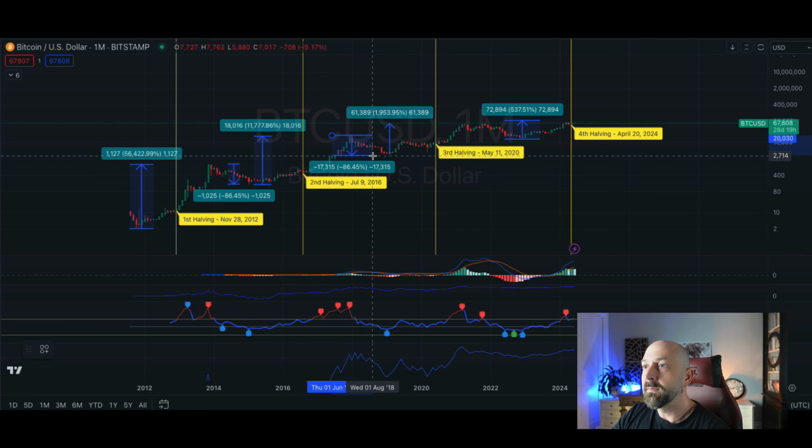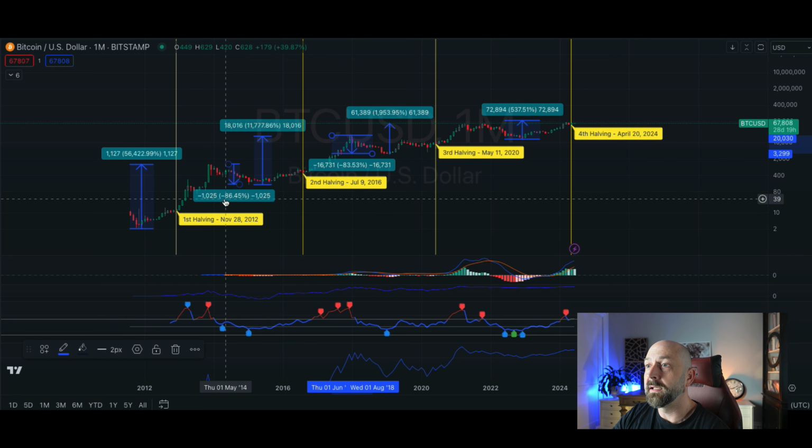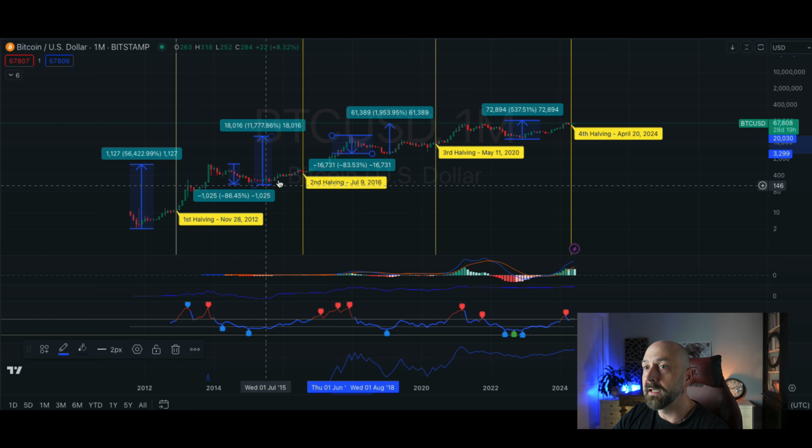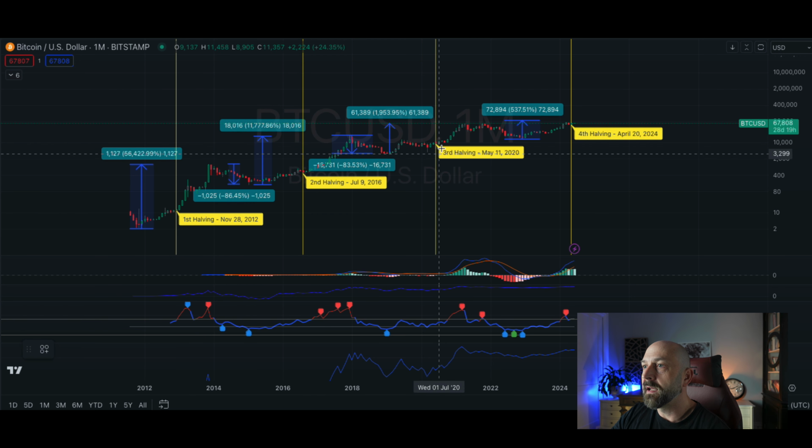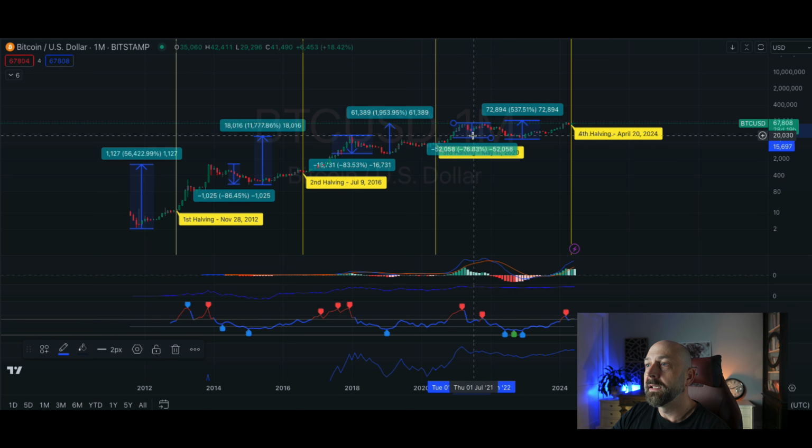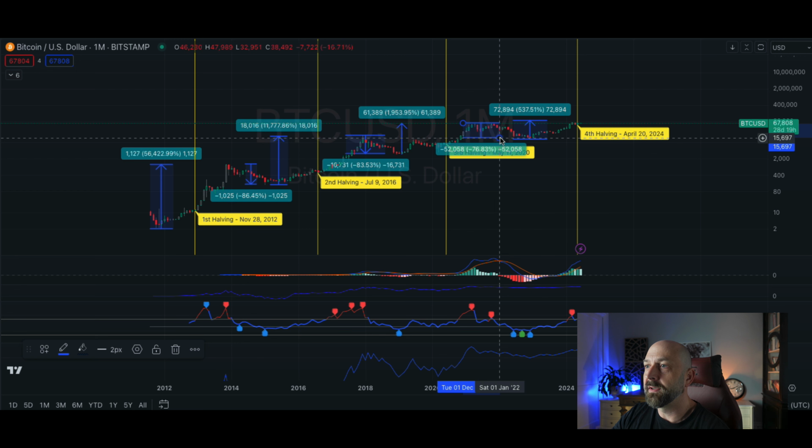Same with this. The next cycle we went 85, then 83, and then in this last cycle, a lot of people are calling for quite a low price on Bitcoin, but the cycle low is around about 75%. So we only retraced 75.